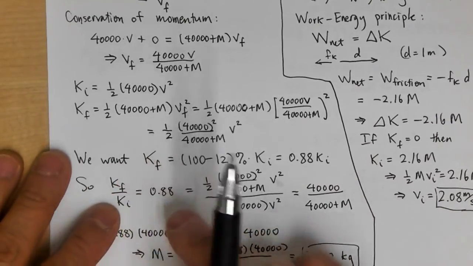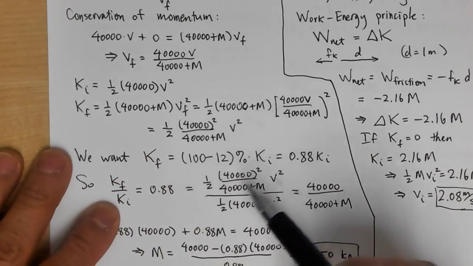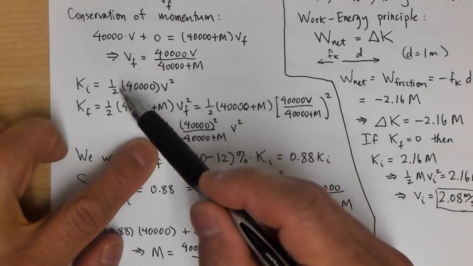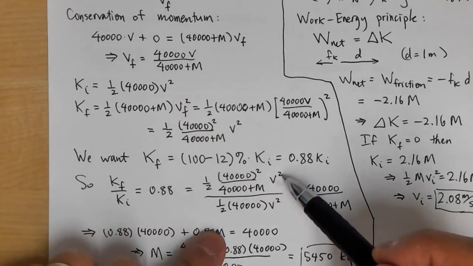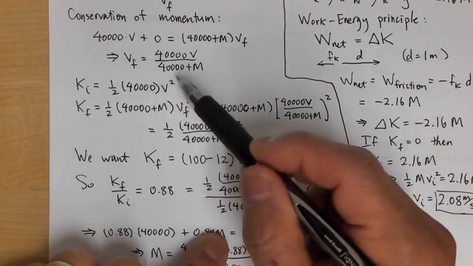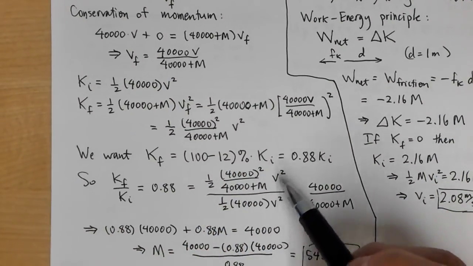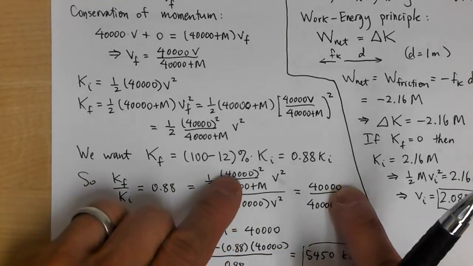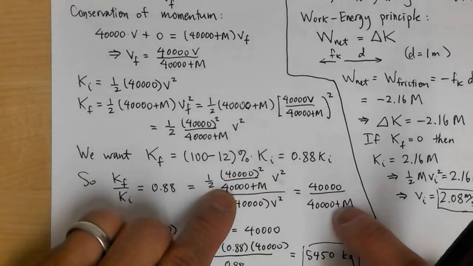So K final over K initial is 0.88, but we already had this expression for K final and this expression for K initial, so let's just take the ratio of the two. This is K final, this is K initial, from here and from here. Simplifying a bit, we can cancel one of the factors of 40,000, and then we can also take this guy and put it in the denominator here.